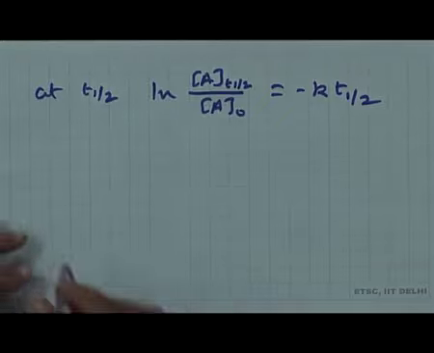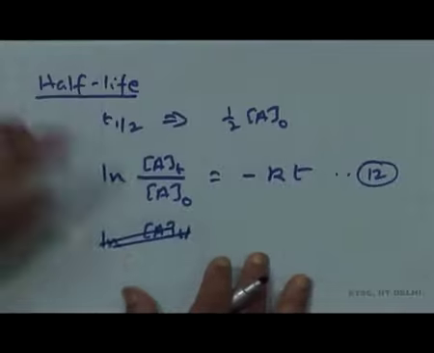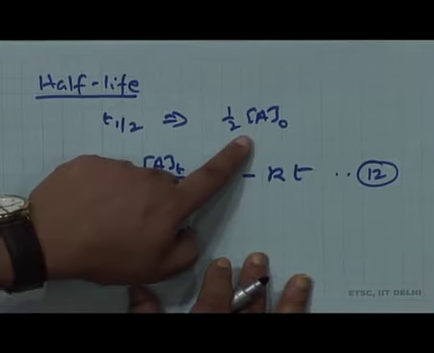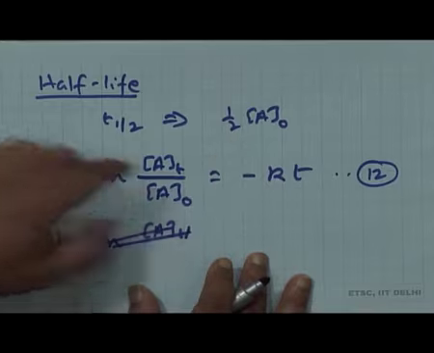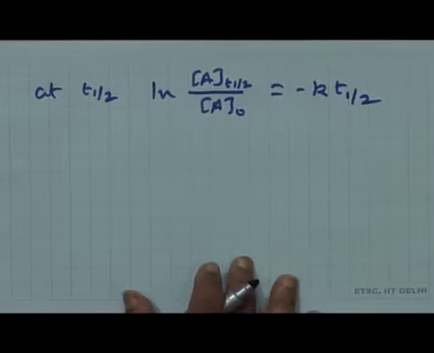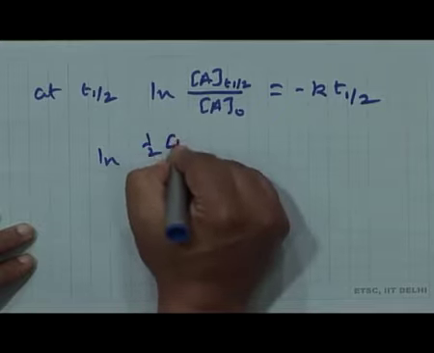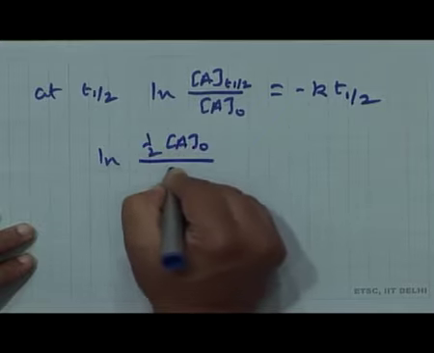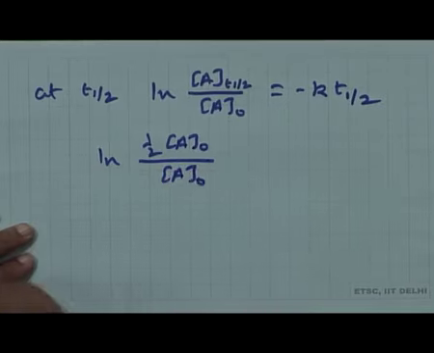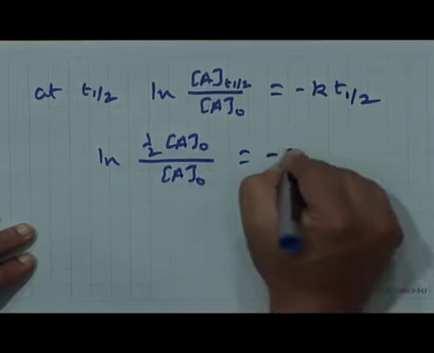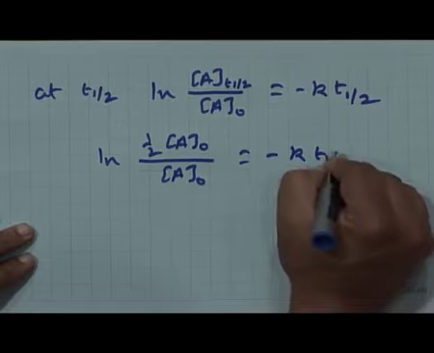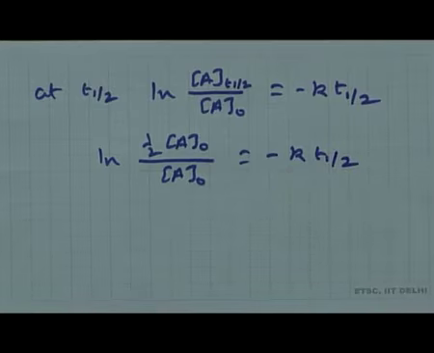Now, by definition T half is that time where the concentration of A has become half of A naught. So, then I can write natural log of half A naught over A naught is equal to minus k T half.